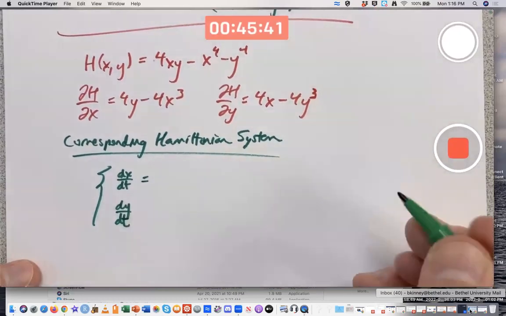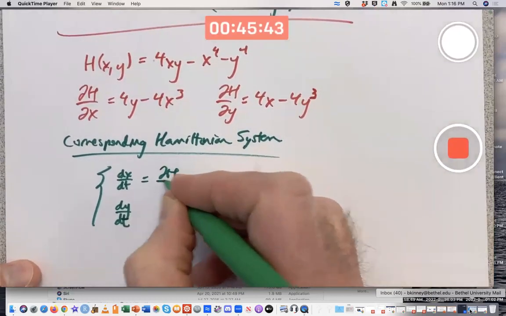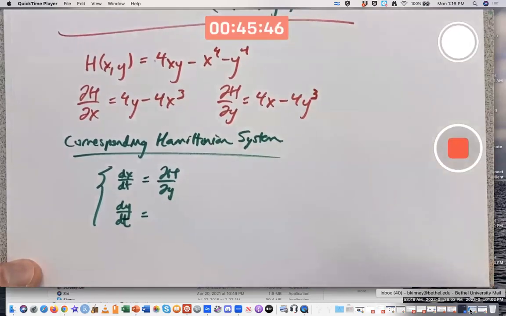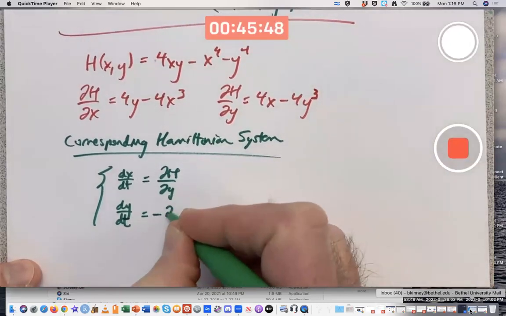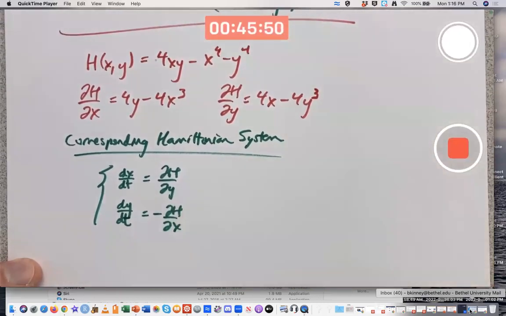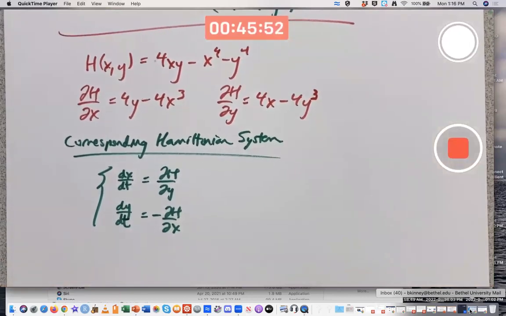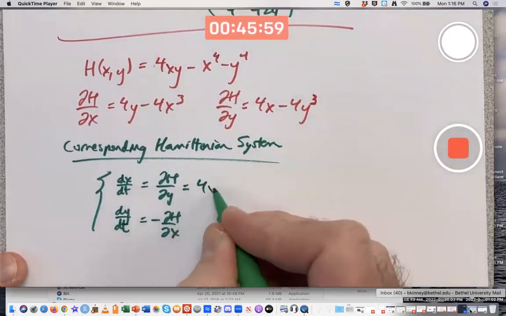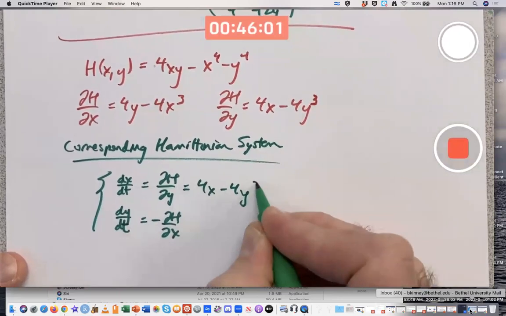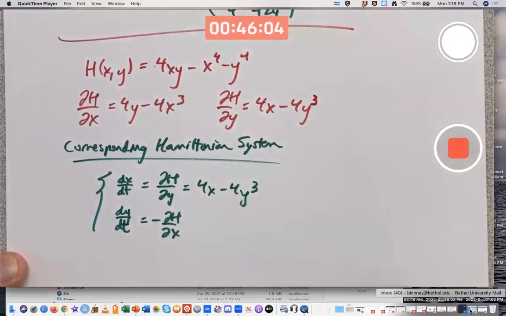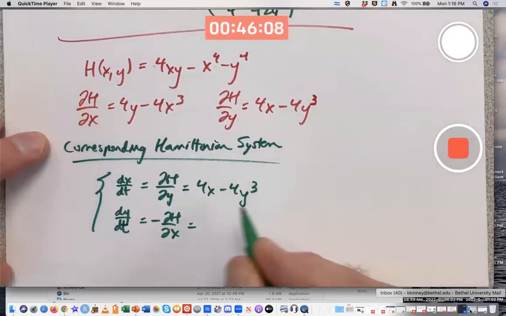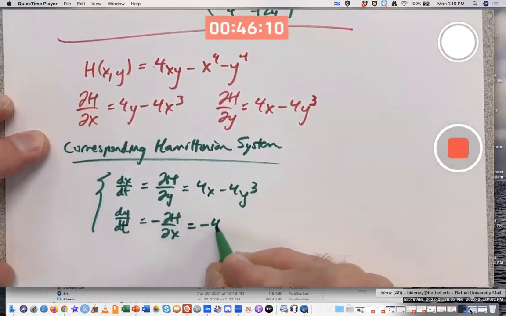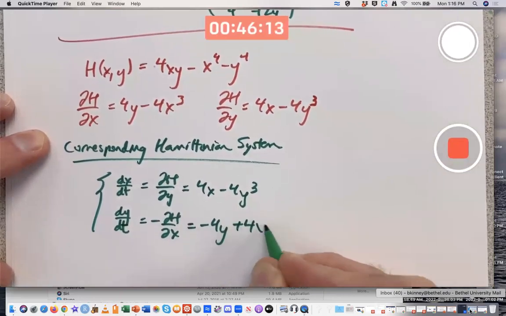The first component of this vector field is the partial of H with respect to y, and the second component is the opposite of the partial of H with respect to x. Weird, but true. So for this function, this is 4x minus 4y cubed, the partial of H with respect to y, and then do the opposite of the partial of H with respect to x. So do negative 4y plus 4x cubed.